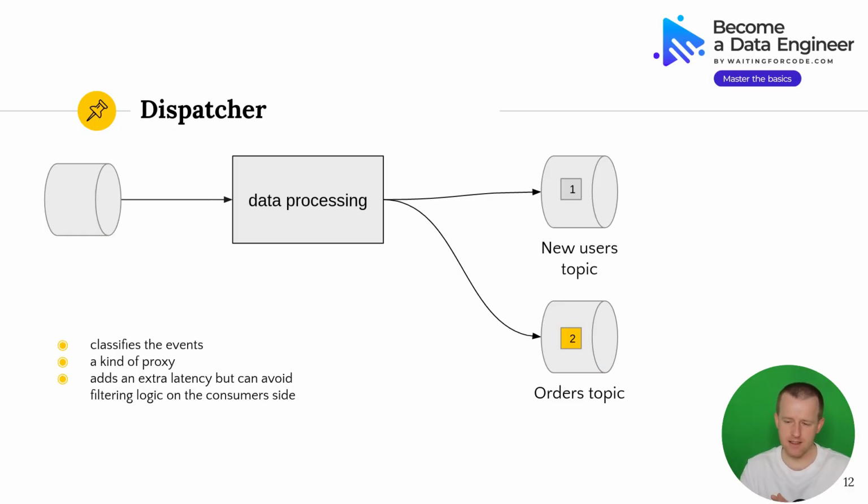As you can see, it acts a little bit like a proxy between the end consumers and the producers that put all kinds of events in the same storage. As a drawback, it can add extra latency because in an extra component you have the processing time, the reading time, the writing time, and that is not a silver bullet, but for me it's a great pattern if you want to avoid the overhead of reading the same data or filtering irrelevant data on the consumer's side.